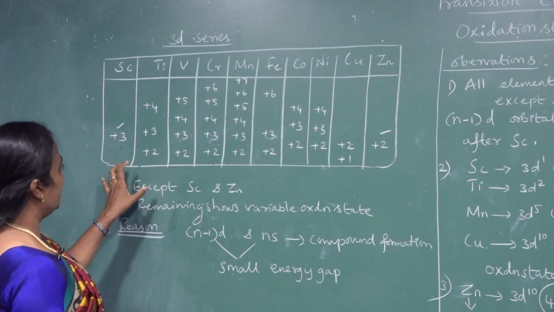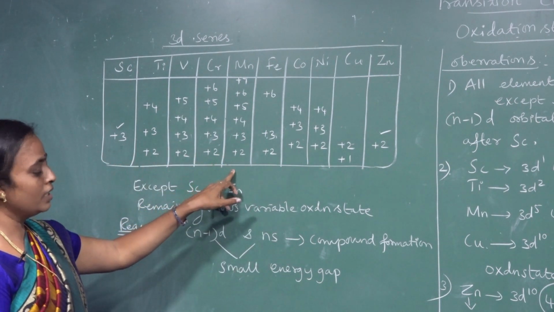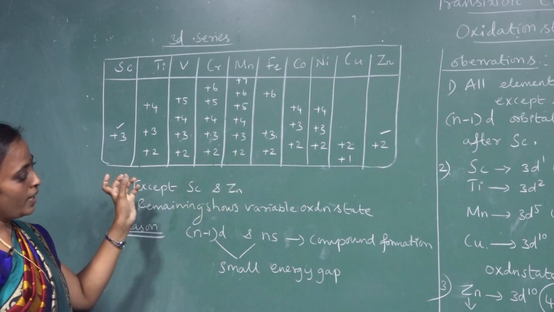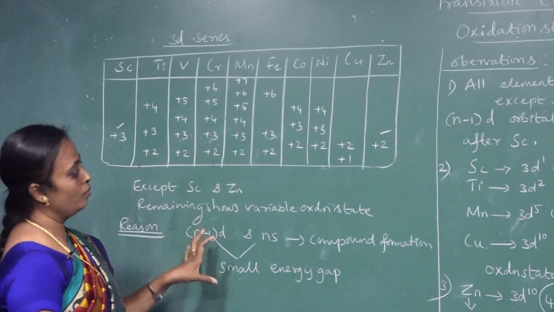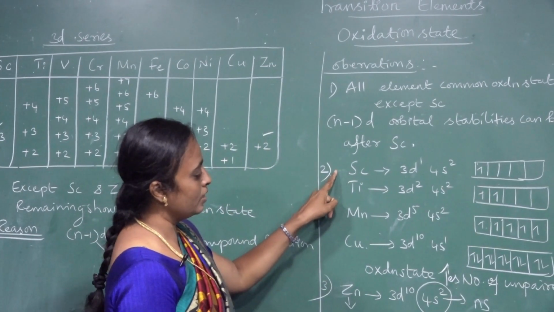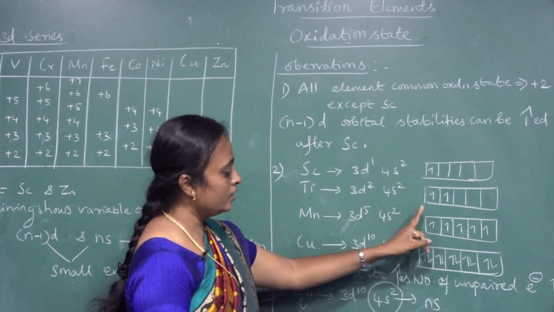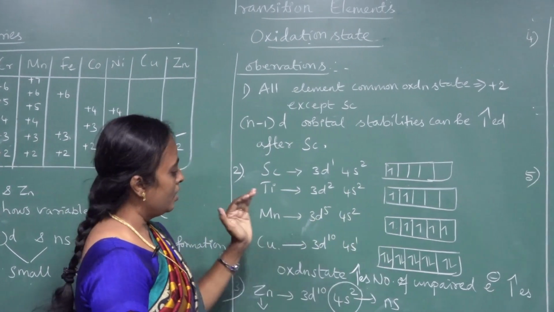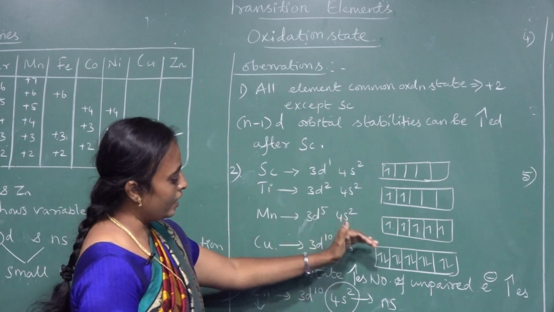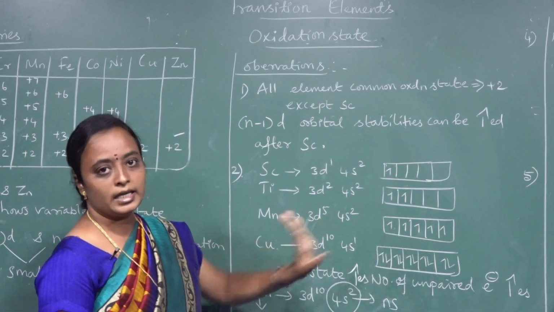So if I am taking scandium to copper, just taking the middle element manganese, while I am moving from scandium to manganese, you already know that in scandium only 1 d electron is available, and in titanium only 2 d electrons are available. If I am taking manganese, 5 electrons are available, and at the last there is no availability of a d electron.